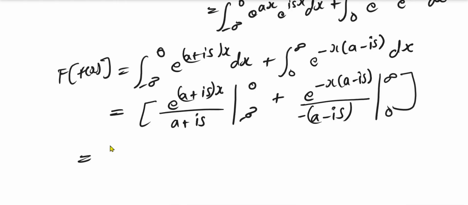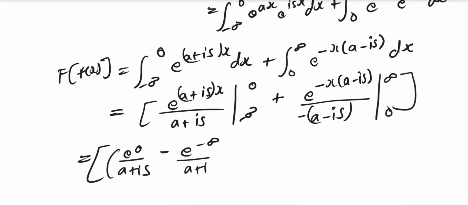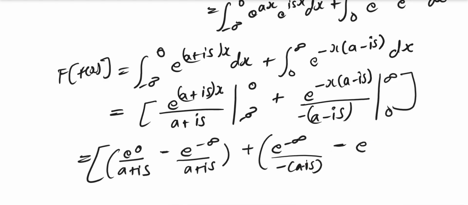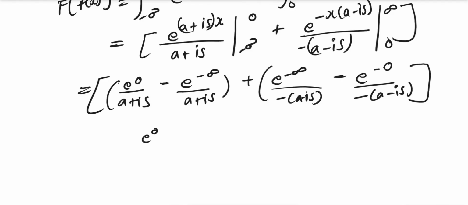Now put the limit, for 0 it is e raised to the power 0 upon a plus iota s, minus e raised to the power minus infinity upon a plus iota s, plus put the limit infinity, it is e raised to the power minus infinity divided by minus a minus iota s, minus e raised to the power minus 0 divided by minus a minus iota s.